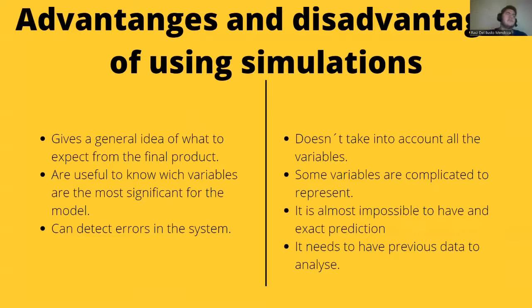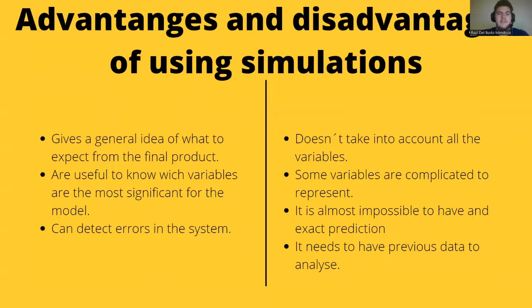It is also a useful tool to know which variables are the most significant on the model, so we can discard some variables that affect our results but are not really important for the development of the product. And we can also detect errors in the system with the simulation, so we don't compromise the development of a product that doesn't satisfy the needs that we have.